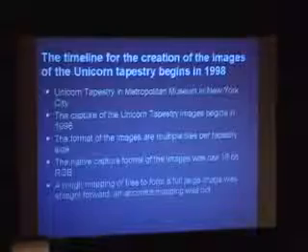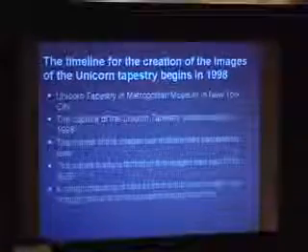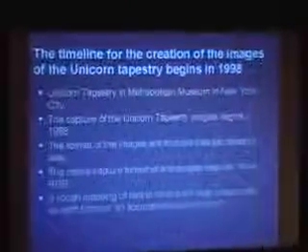In 1998, the Met took the tapestry down for restoration. It had been hanging there since the late 30s, and the backing of the structure, which was supporting the tapestry, had worn out. So they took it down, they removed the cotton back, and then they washed it in deionized water, and they made photos of the front and the back of the picture.